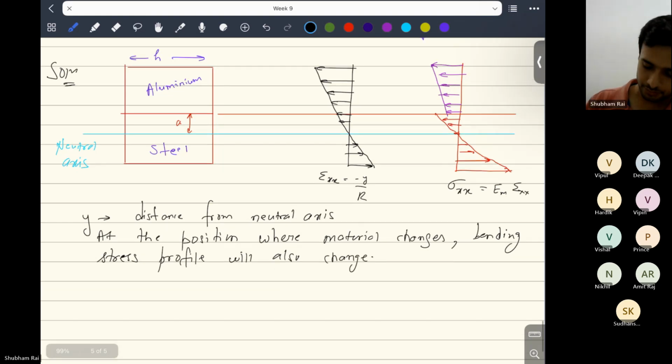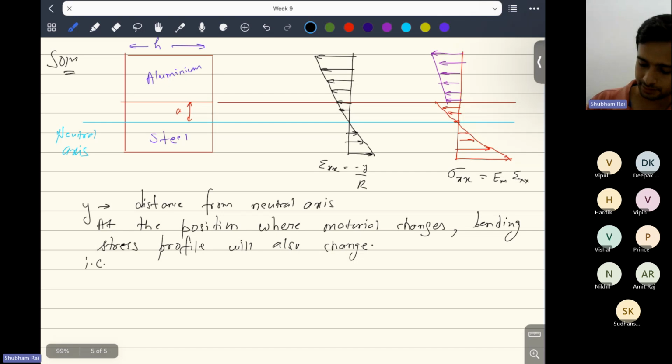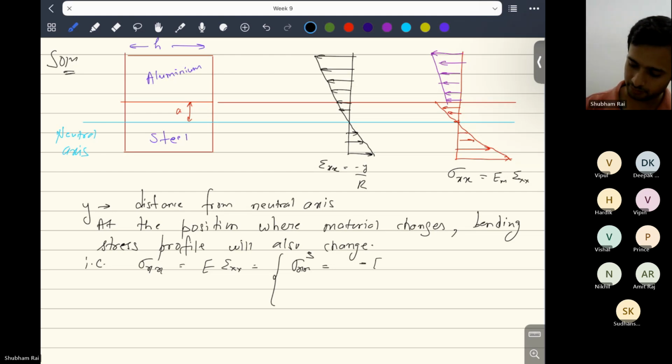Okay? So we can say that the sigma xx will be E times epsilon xx, which is given by sigma xx in steel. If I write sigma xx in steel, its expression will be minus of Young's modulus of steel into y by r, because epsilon xx is y by r.